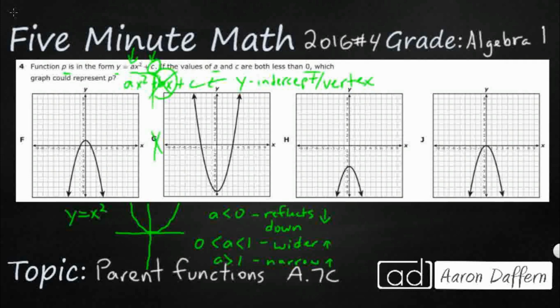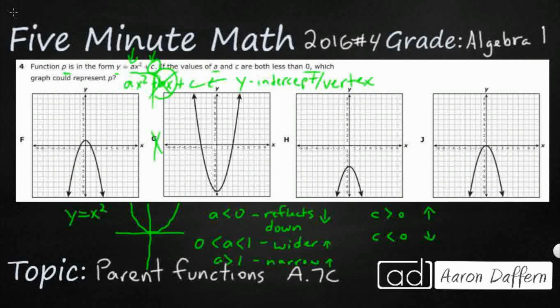If the c is greater than 0, it literally just translates it up. And if the c is less than 0, it just translates it down. So greater than 0 moves it up to the positive, less than 0 moves it down to the negative. So it can only be f, h, or j, but take a look here.